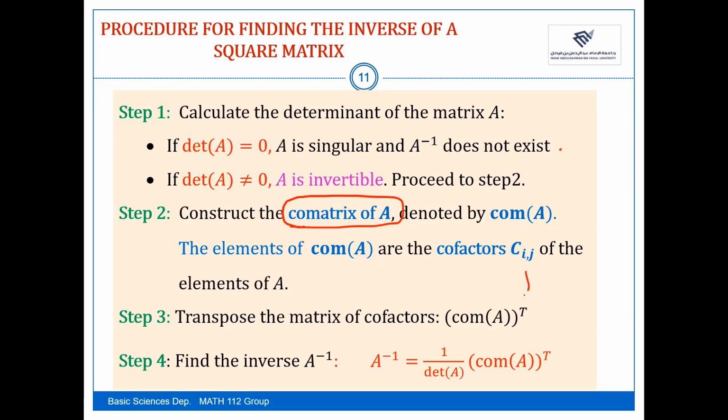Then we transpose it and we multiply it by 1 over the determinant of A. Okay, so if determinant of A is non-zero, A inverse exists, نحسب the co-matrix and we multiply it by 1 over the determinant of A. This is the procedure to calculate the inverse of a matrix of any order higher than 2.